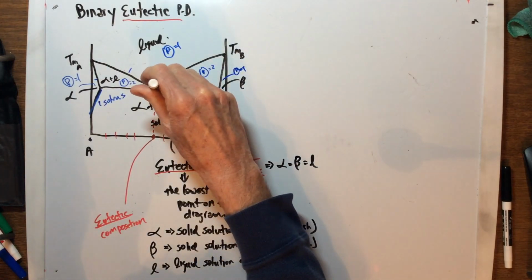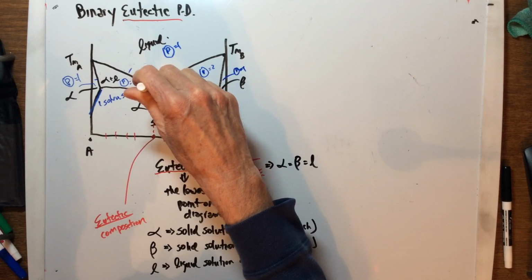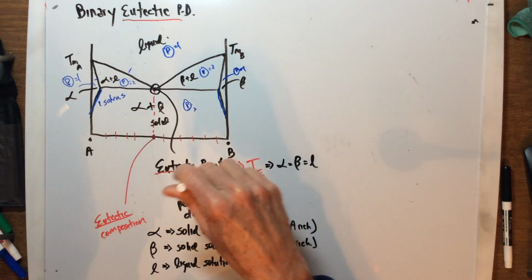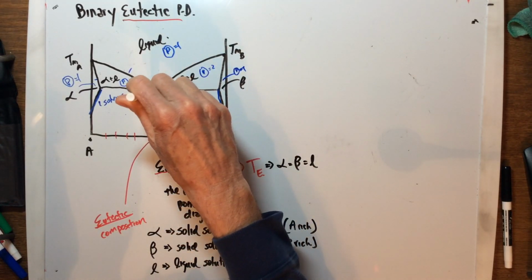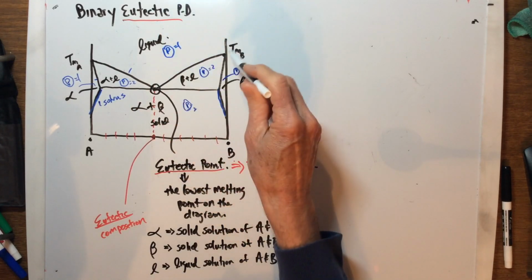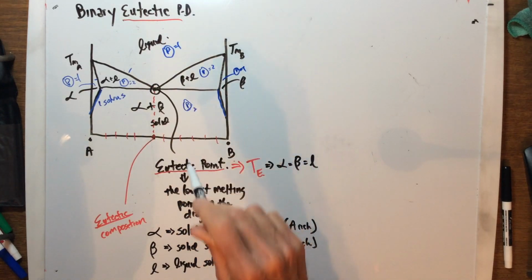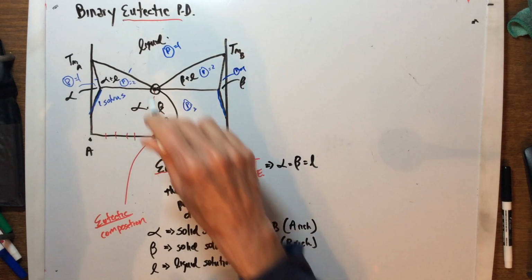So what's taking place here is that at this one temperature and this one composition, we have the eutectic point, which is evidenced by the lowest melting temperature on the whole diagram, because we have freezing point depressions going in both directions here. But it is an equilibrium point because now we have all three of these existing.